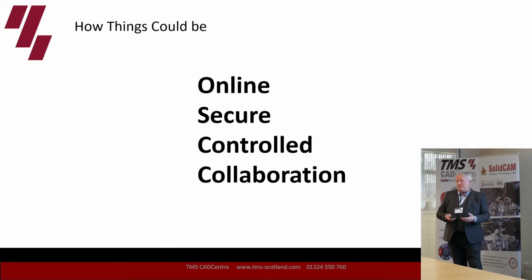We can control it, so we can say people can have access, but here are the things that they can do when they are able to access it, and here are the things that they can't do. And effectively it provides us with a tool that we can use to collaborate much more easily with all the stakeholders, as I said, colleagues, customers, clients. It doesn't have to be internal to the operation.